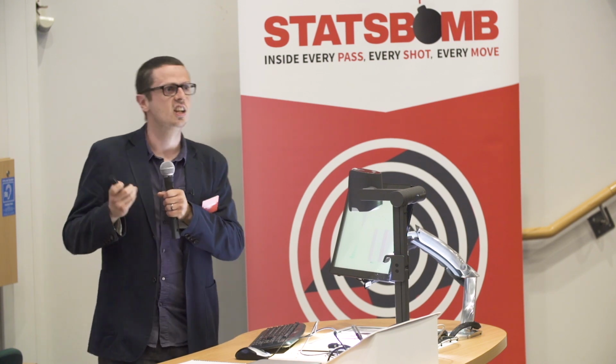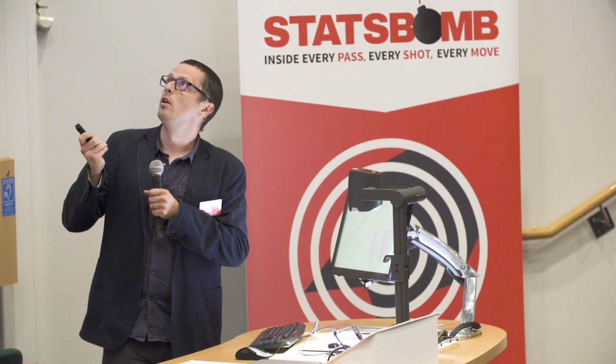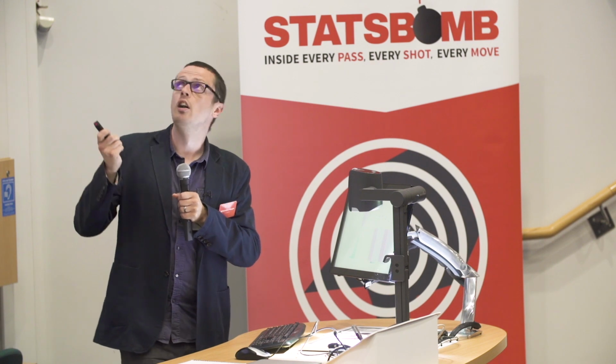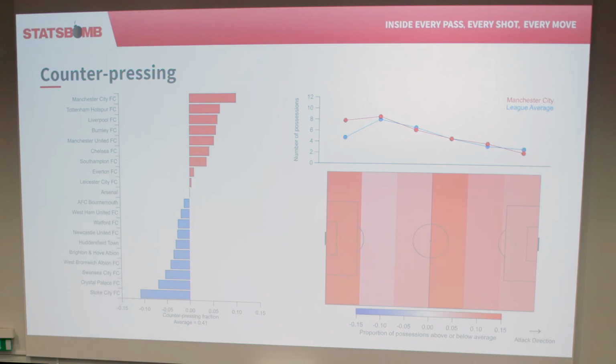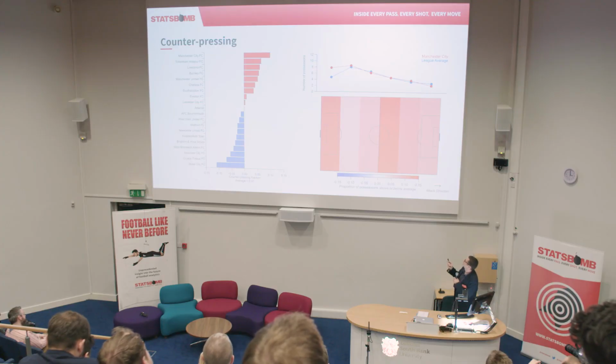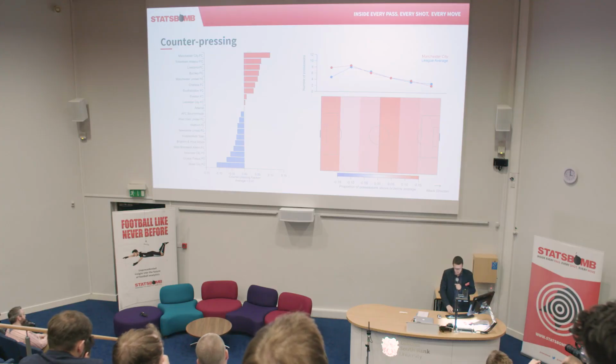This is Manchester City. So I mentioned that Manchester City aren't really that intense in terms of the number of counter-pressing possessions per match, but they're not spending that much time without the ball, and that relates to pressing. But they are doing it a lot more on possessions across the pitch, particularly in the attacking half when they don't have the ball and their opponent starts those possessions in those zones.